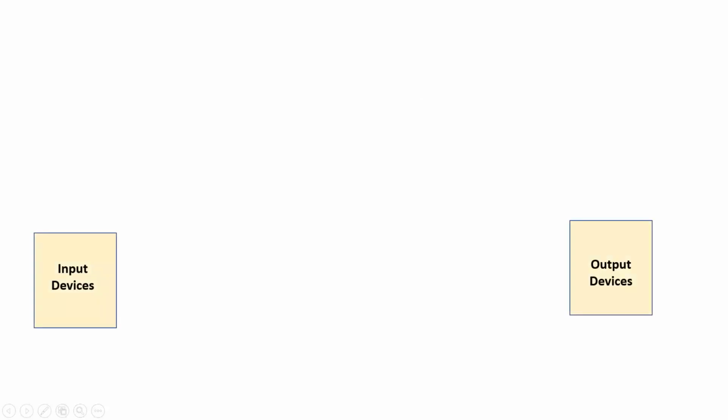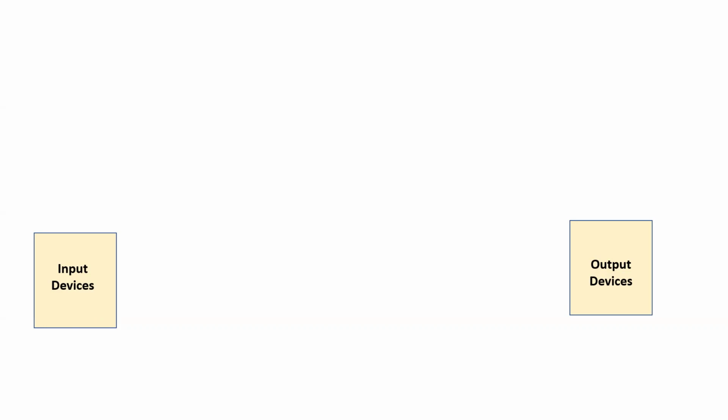Here on both sides are input and output devices. Right? We already know what the input devices are and what the output devices are. Input devices are the devices through which you input data to the computer. After you input data, the processing operation happens inside the computer. Then it will produce a result.